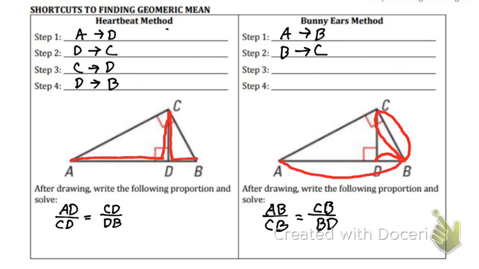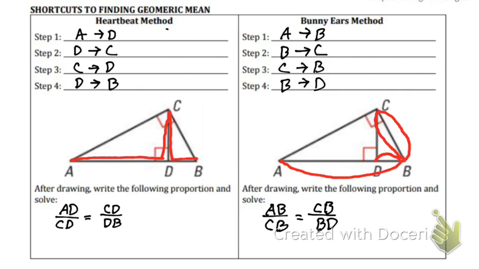Both numbers have to be the exact same. So we went from C back to B, and then we went from B to D. Depending on what information is missing or what I need to find, that decides which method we're going to use. Do we all have the bunny ear method at least written down, and the order and stuff? Yeah. Okay.